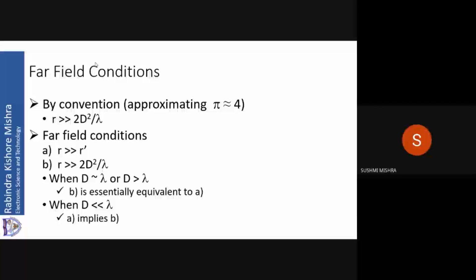All right. So remember these two things, two conditions for the far field. R has to be much greater than R dash, and at the same time, R has to be much greater than 2D square by lambda. If any one of you attending this is going to be in the field of antennas, this is something that will be required for lifelong application.